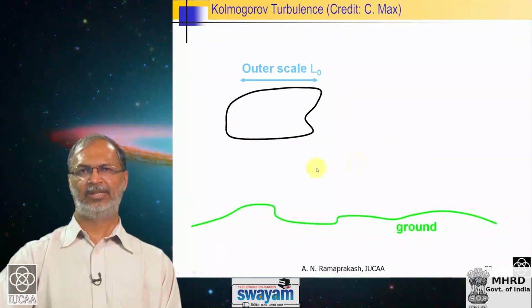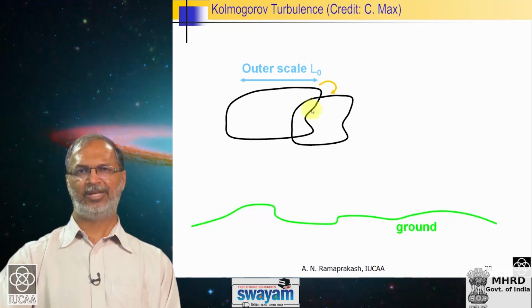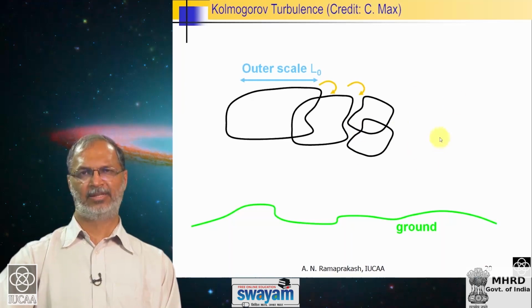What it means is that the atmosphere receives energy from various sources like the heating of the ground, heating from the sun, the wind, etc. The energy which is injected into the atmosphere at large scales, because of the relative movement of the different parts, tends to break down into smaller and smaller eddies.